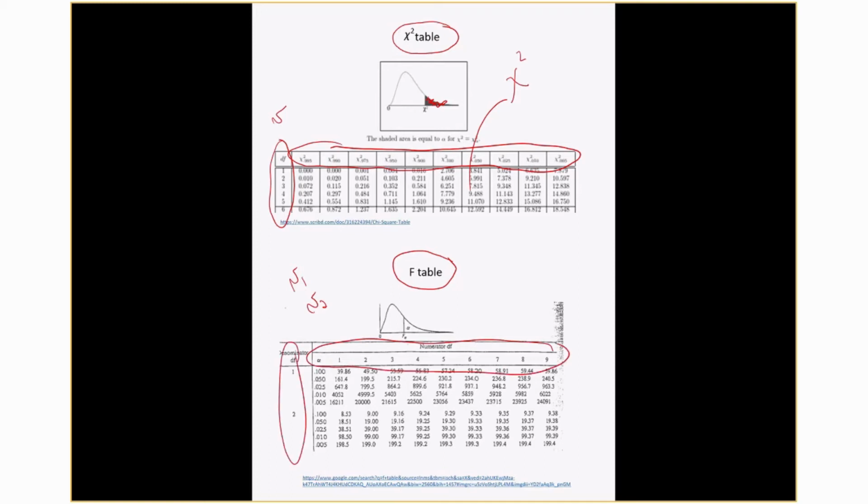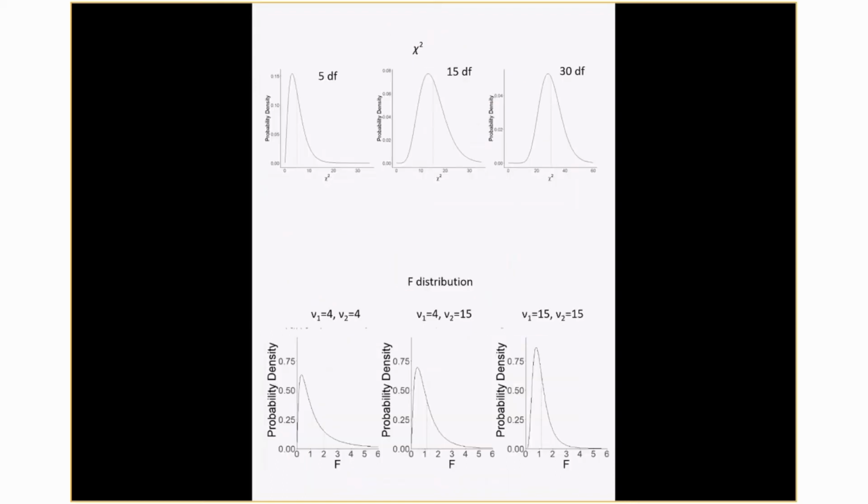What you've got here are the probabilities, and they represent these sorts of probabilities. And then in the body of the table, what you have is the F value.